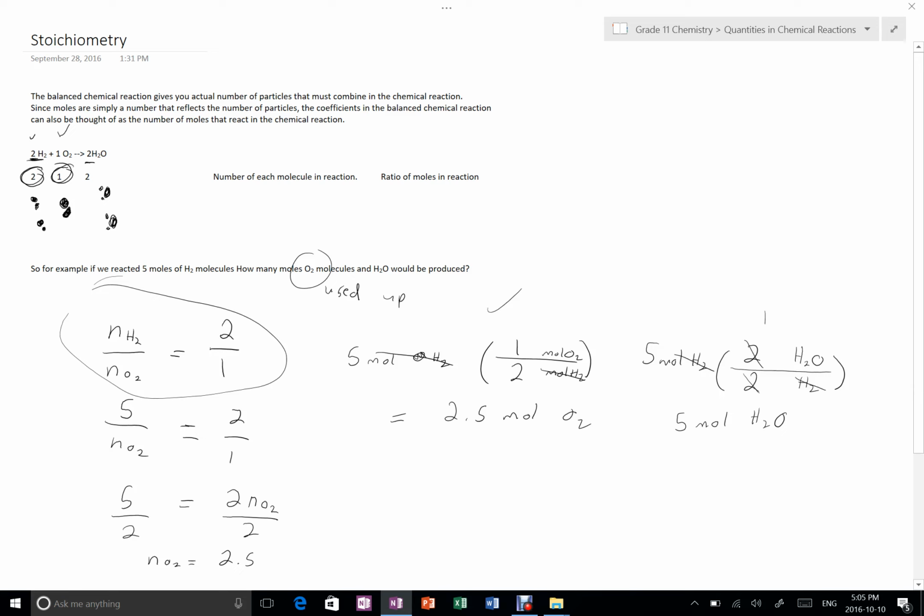And since molecules and moles are representations of the same thing, if that's the ratio for molecules, it's also the ratio for moles. Then I can use that to set up ratios or to convert the number of moles of one substance using the balanced chemical equation to the number of moles of another substance. Let's look at an example that goes all the way through the whole process.